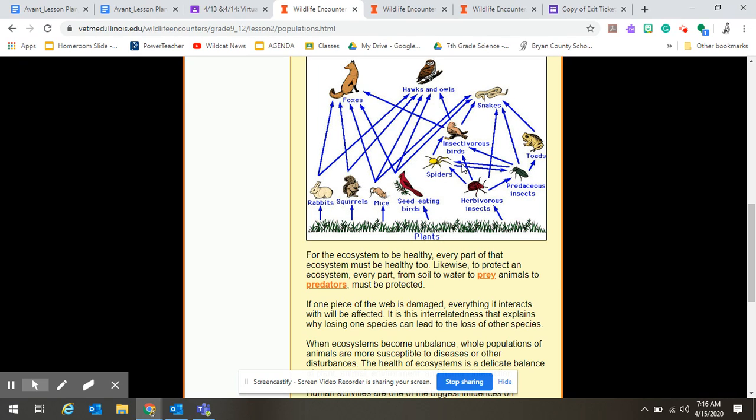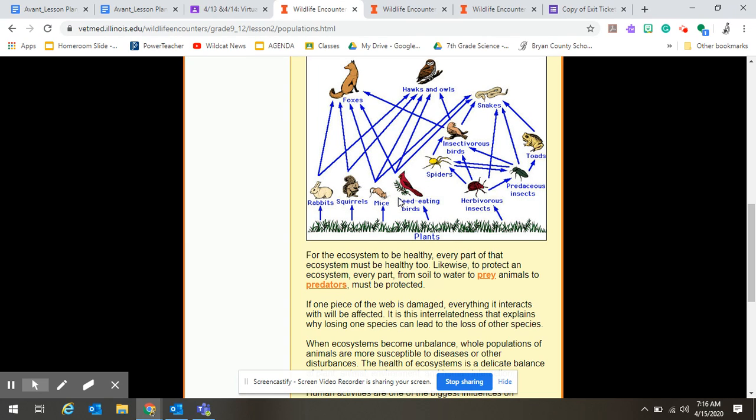Then you've got your secondary consumers, and then you go up to tertiary. Primary, secondary, I need a three. Okay, tertiary, yes. So we've got our tertiary, and you can go up to quaternary. It depends on how you're looking at that web to determine what level you're looking at.